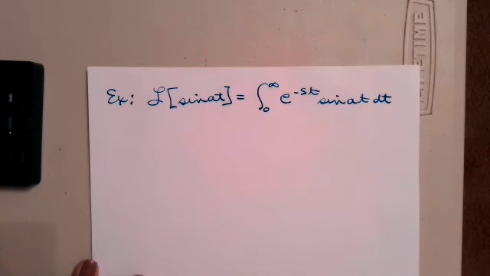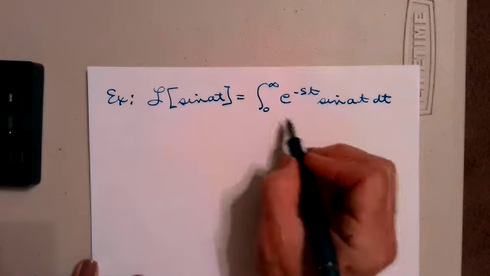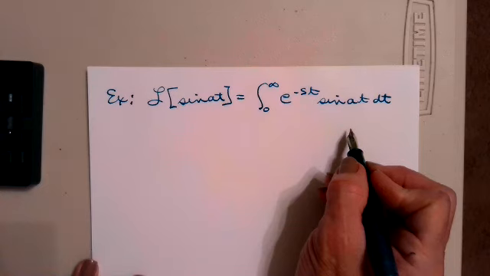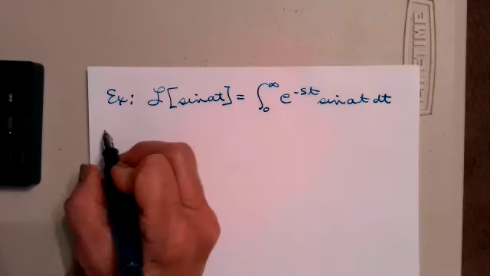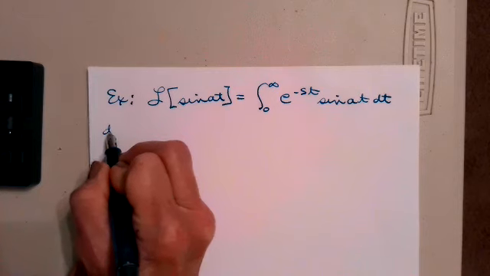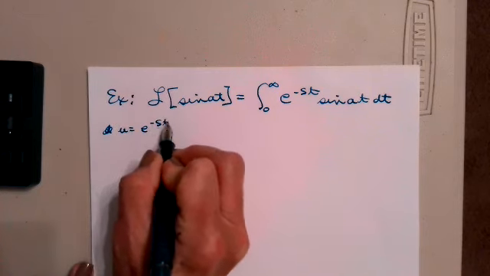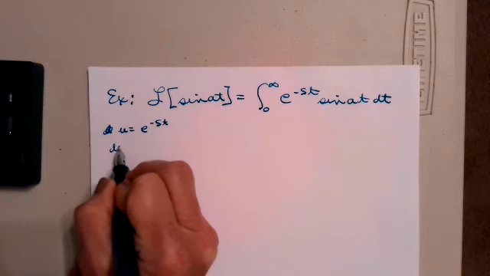All right. So how do you integrate something like this? This is one of those where you're going to have to do integration by parts. So when we go to integrate by parts, let's let u be e to the minus st, and then du.